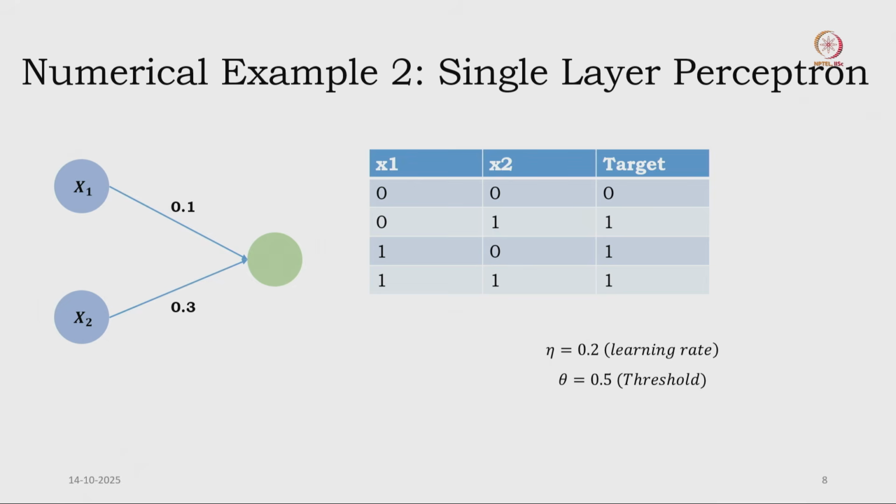This is an OR gate with two inputs, therefore there are two neurons. It's a binary classification problem, with an output of either 0 or 1, therefore we place just one neuron at the output layer. From the previous session we have seen how exactly the single layer perceptron updates the weights.